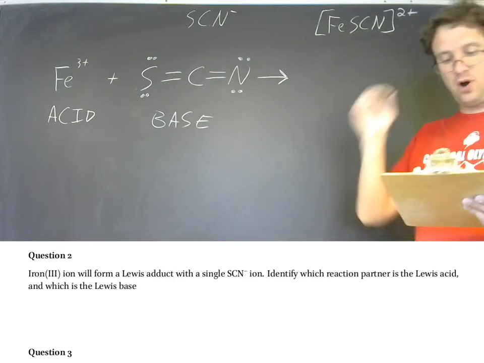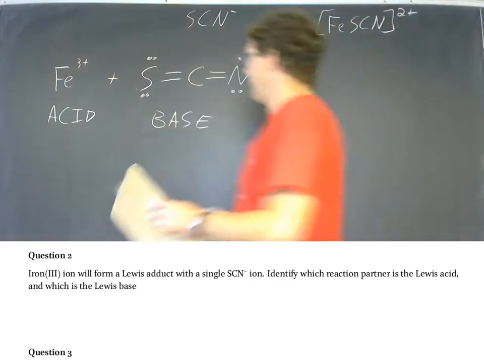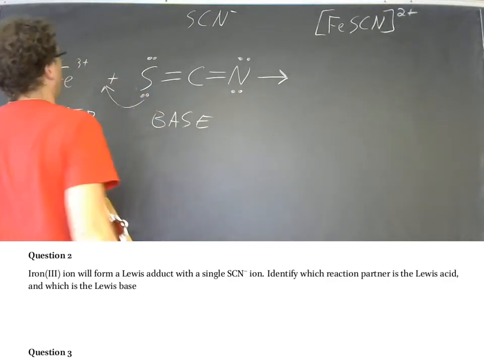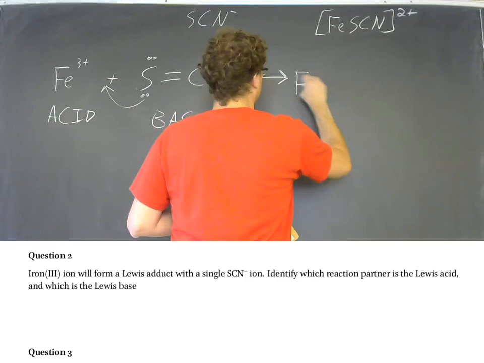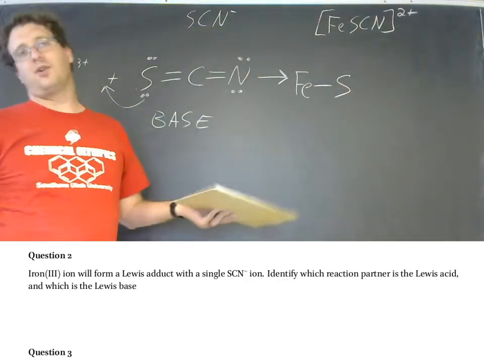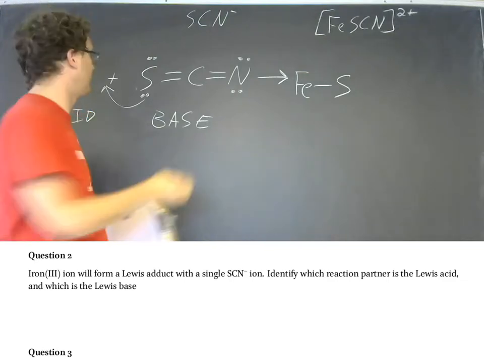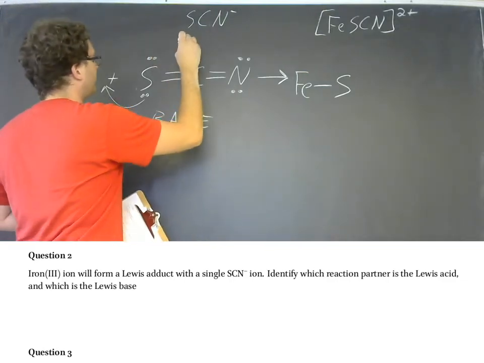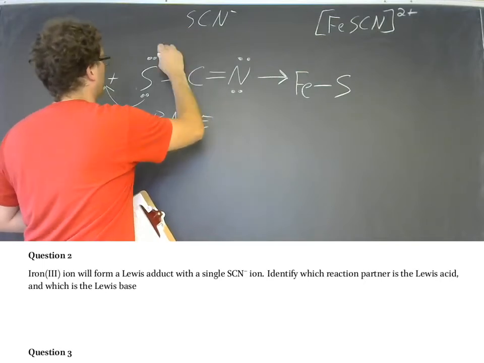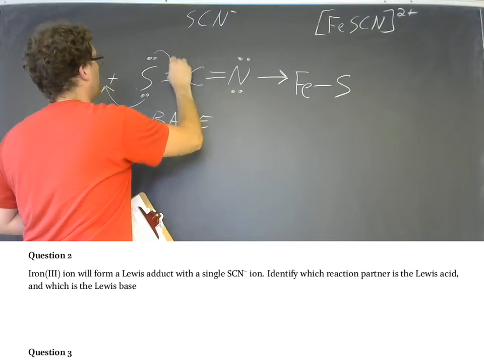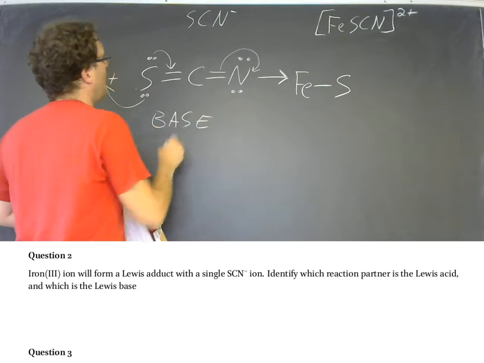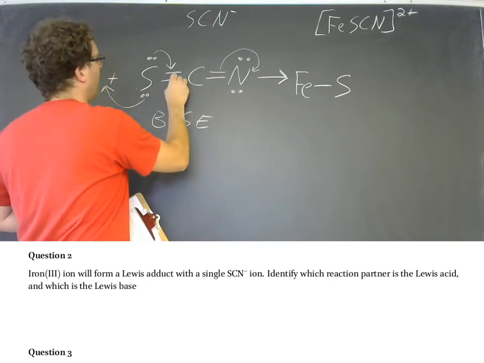Lastly, let's draw a Lewis structure. Well, what's going to happen is that this sulfur lone pair is going to go and form a new bond with the iron. So we'll have iron with a single bond to the sulfur. And then there's no way you could have predicted this, but we're going to move this lone pair of electrons right there, and this right there, and this right there.